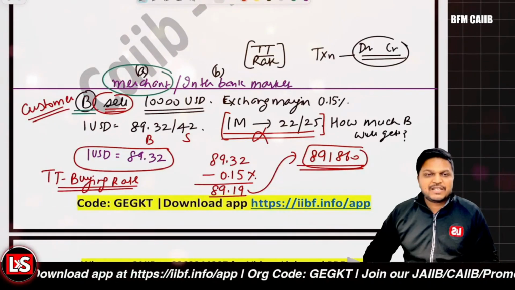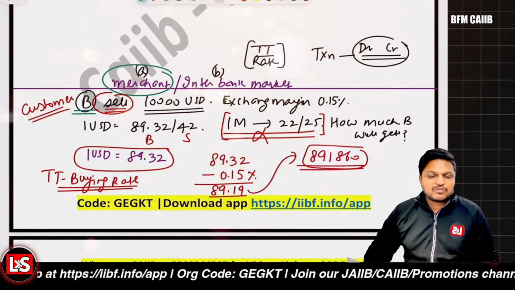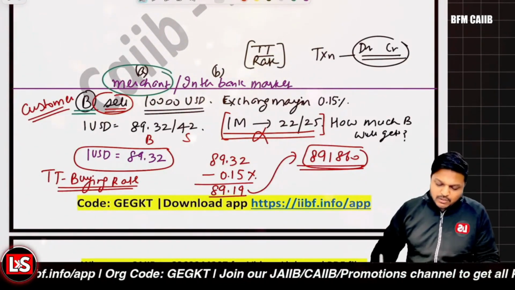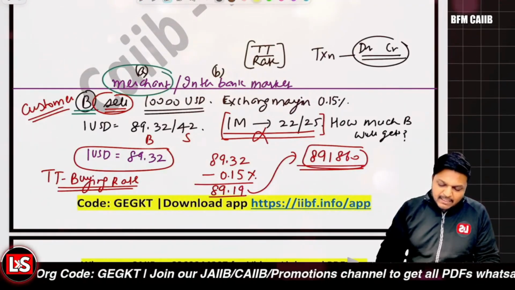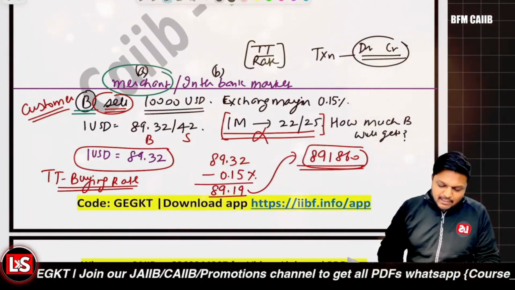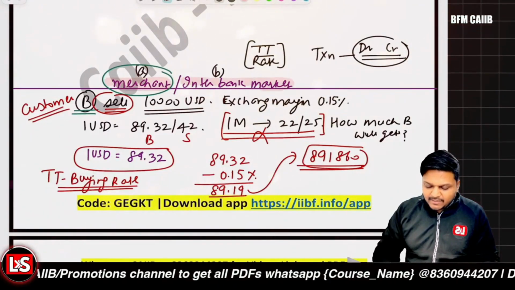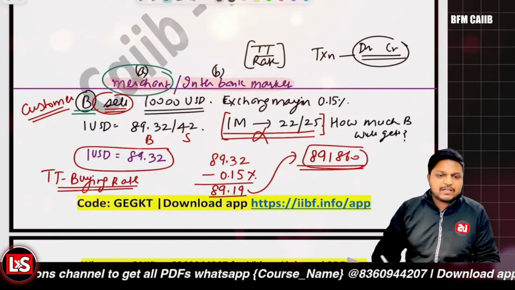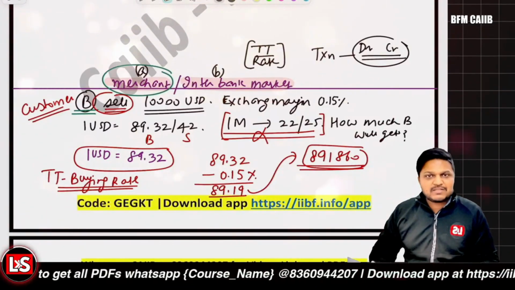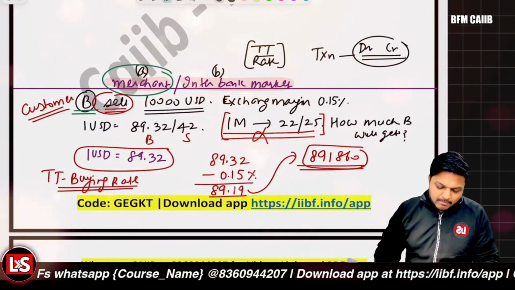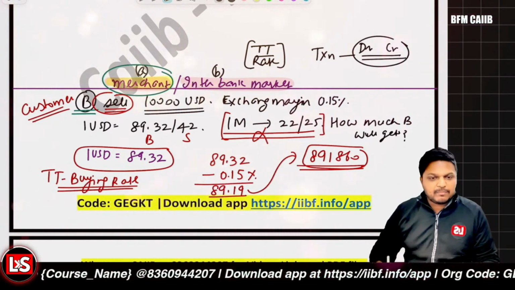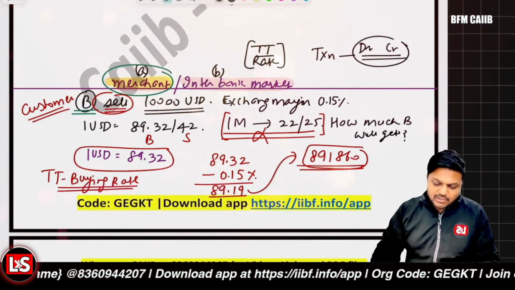Okay. Clear with the concept? I told you about the concept of which rate would be applicable, and we looked at whether the merchant rate or the interbank market rate is applicable. We looked at the question: the customer is dealing with the bank, so it is the merchant rate which would be applicable. That was the first logic.